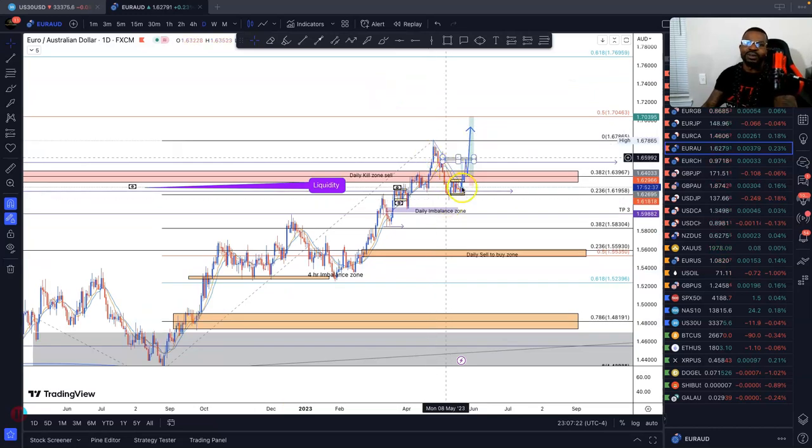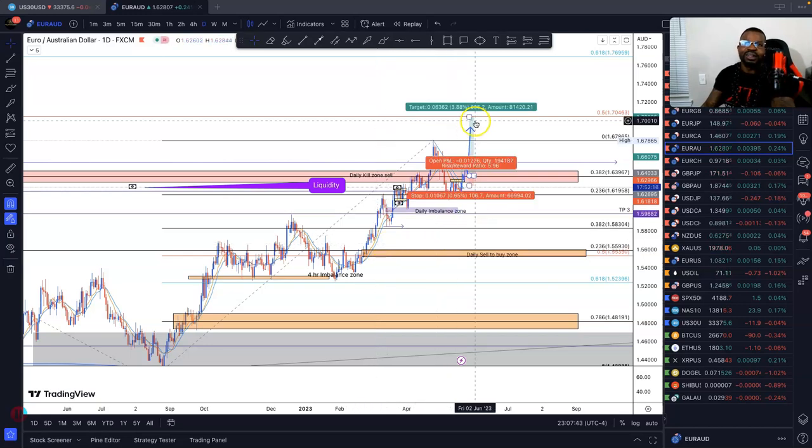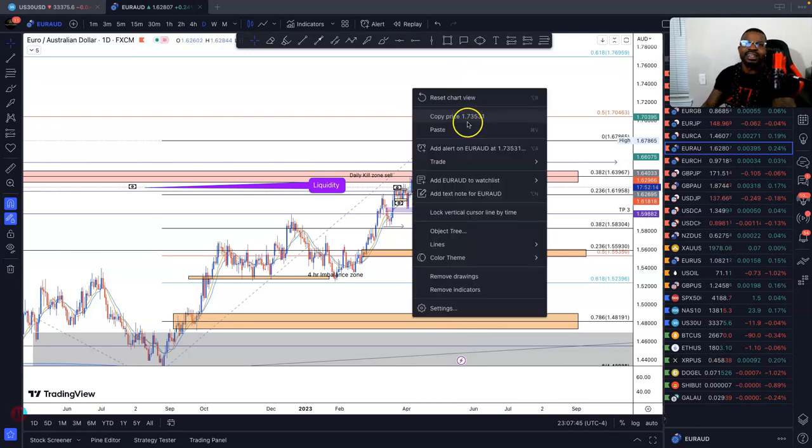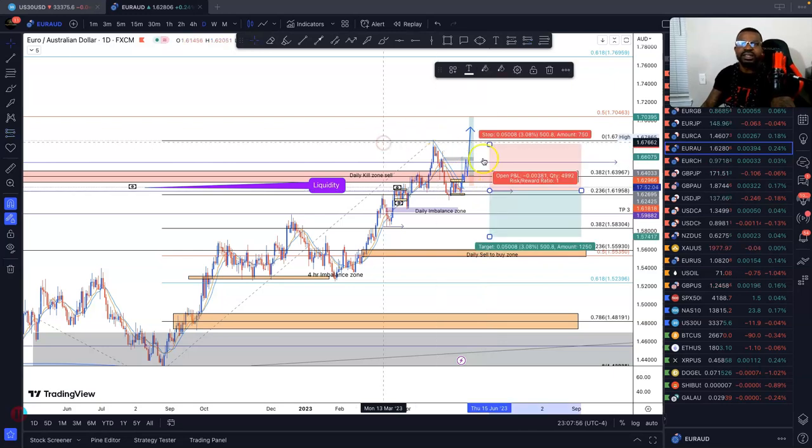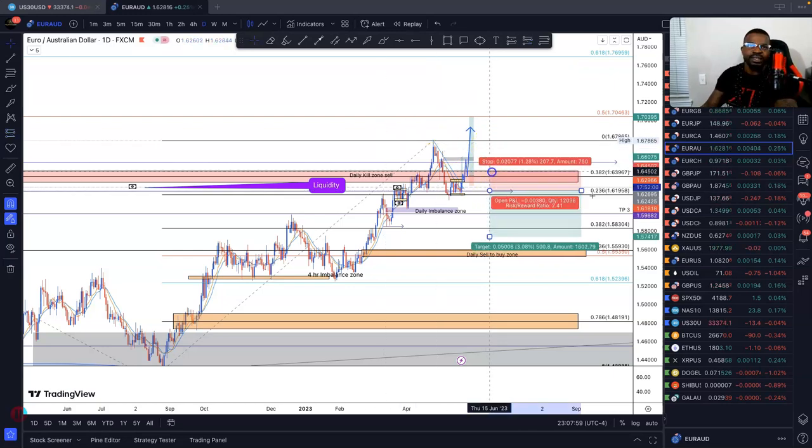Price rejected and pulled down to the 0.236 level, and if it breaks below, it looks like the 50 fib is right here at this daily level that I have. So we're either looking at this move, or we're looking at a rejection for price to continue down here.